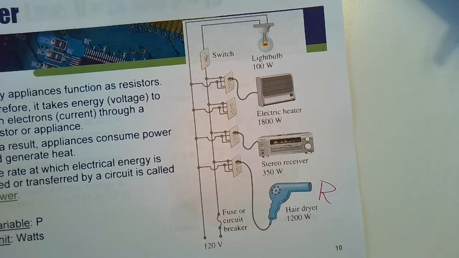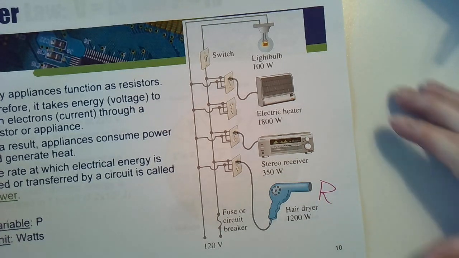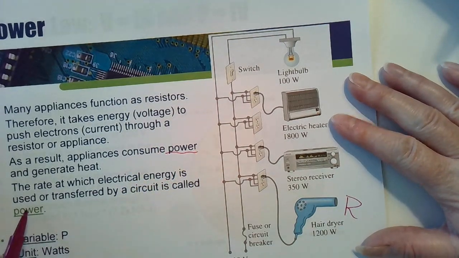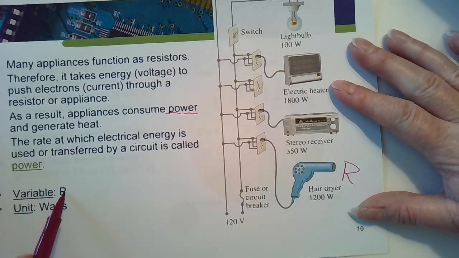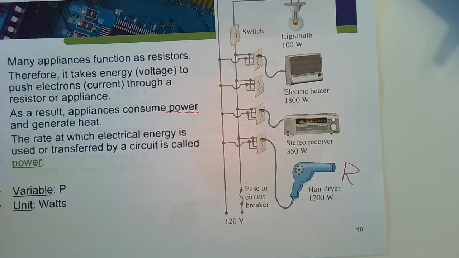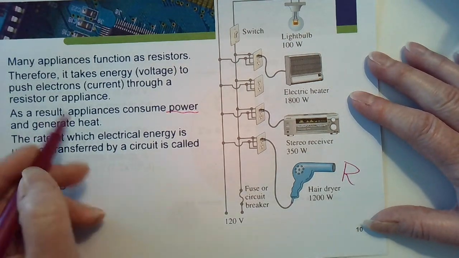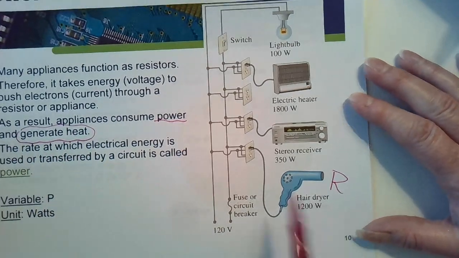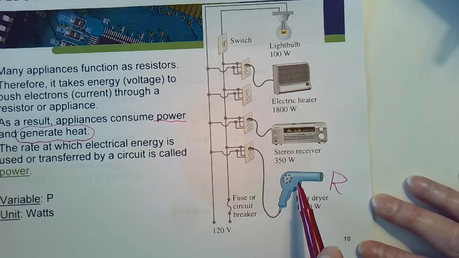And that concept of slowing electrons down and creating heat at the same time is the idea of power. We've already talked about power before, and the variable is P and the units are watts. You know that. But I just want you to think about that they generate heat. So that's a clue. My blow dryer gets hot.